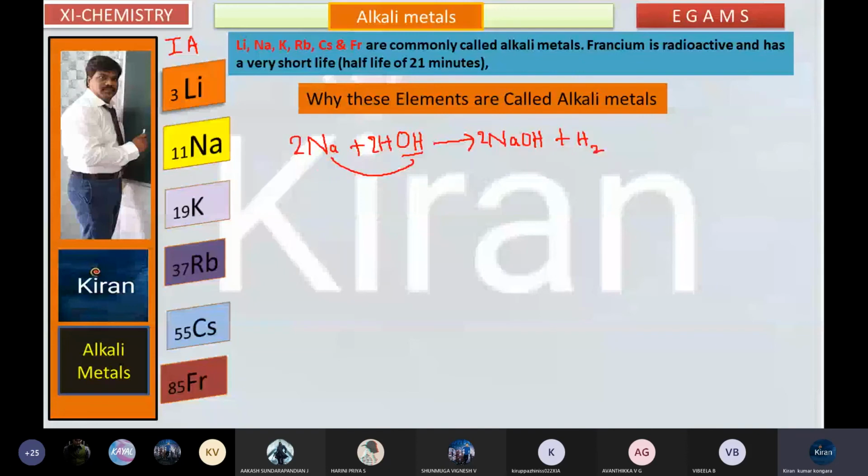So all the metals, when dissolved in water, form bases. Another name for these bases is alkali. So these elements form alkalis. Hence, all these 1A group elements are termed alkali metals.